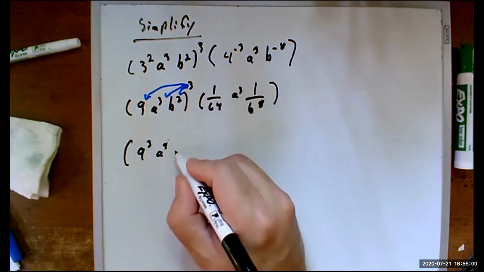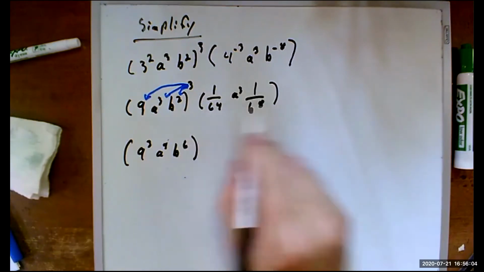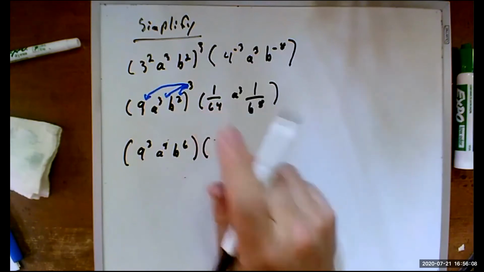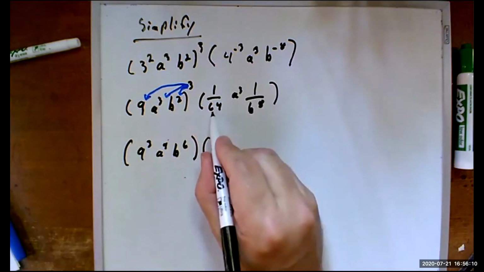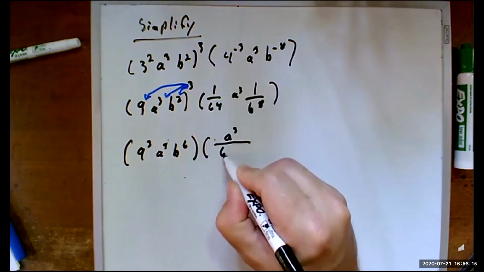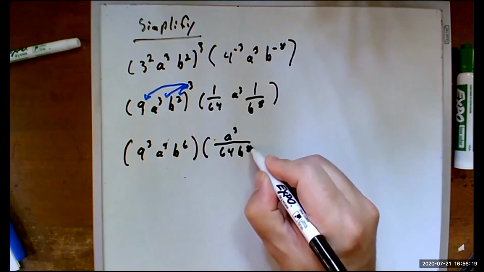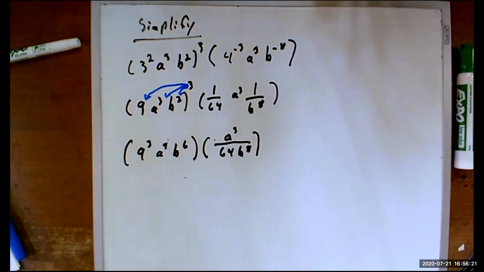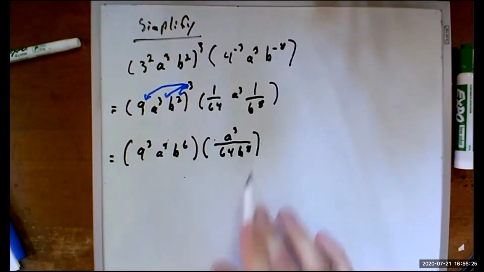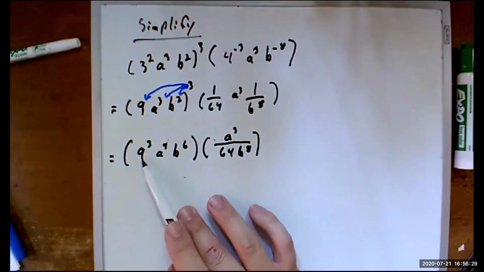I'll do that a little bigger so it's easier to read. 9 cubed, a to the power of 9, b to the 3 times 2, which is b to the power of 6. And then nothing has changed here. I'm just going to clean it up a little bit. I'll get a cubed on top. I will have 64 and b to the 8th on the bottom.